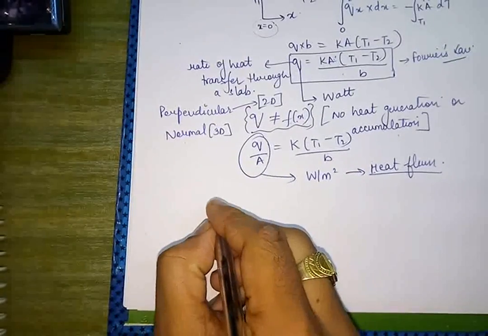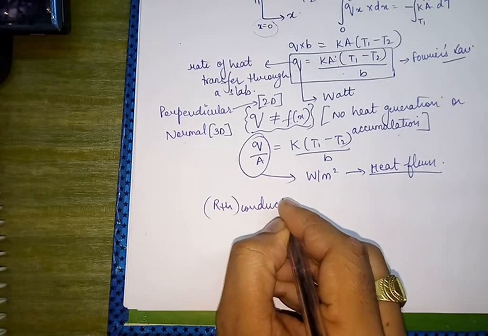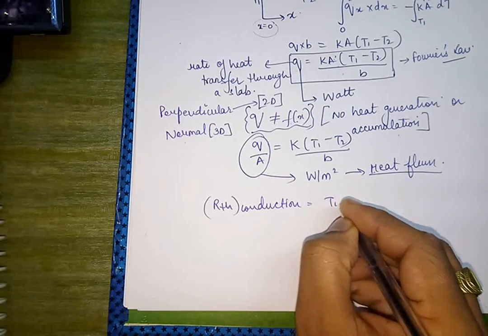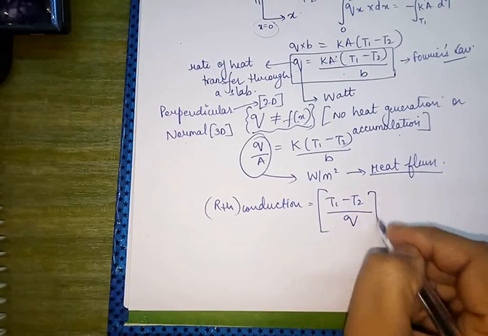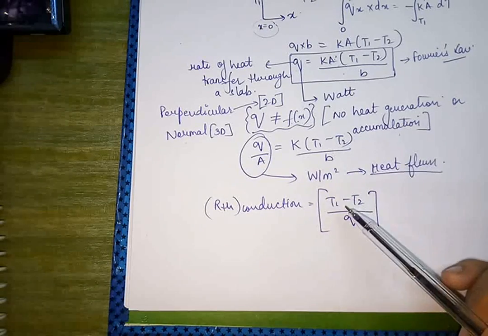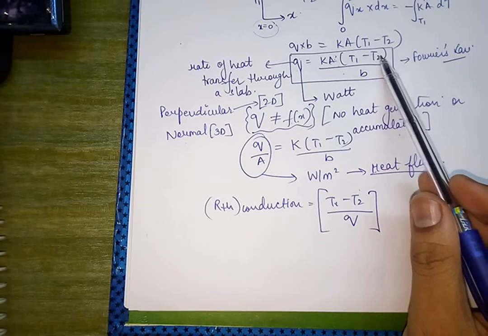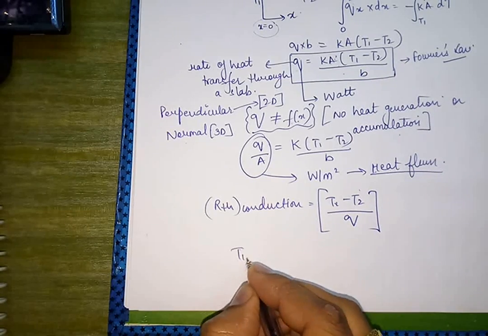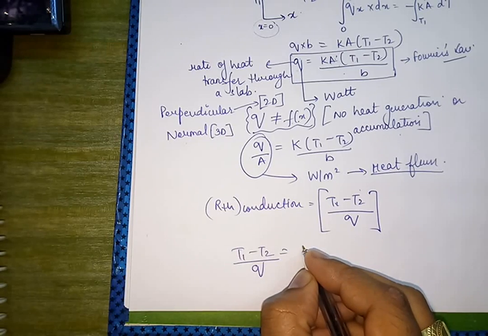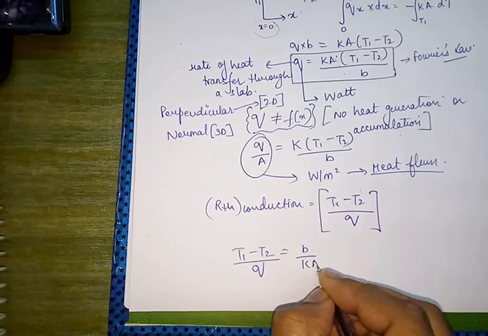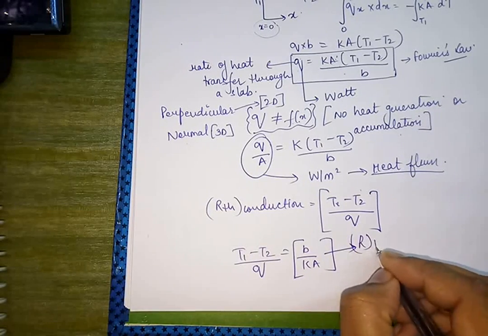R thermal conduction becomes T1 minus T2 upon Q, and if we find the value of T1 minus T2 upon Q from this formula, we will get that T1 minus T2 upon Q is simply equal to B upon Ka.